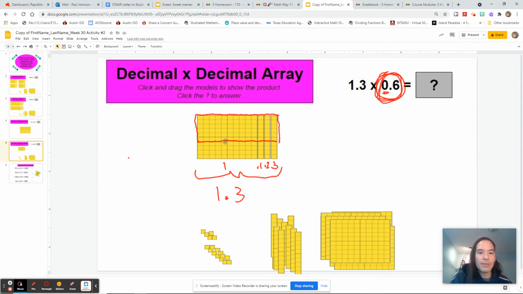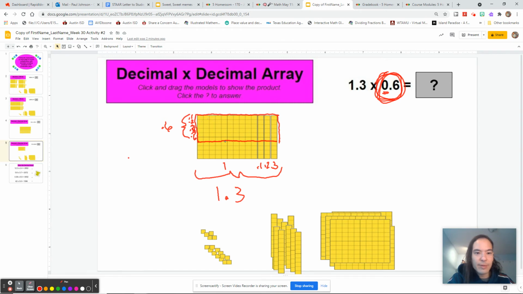So we're going to box off 6/10. As you can see, this is 1/10, 2/10, 3/10, 4/10, 5/10, 6/10. So remember, we're going one way vertically, one way horizontally.